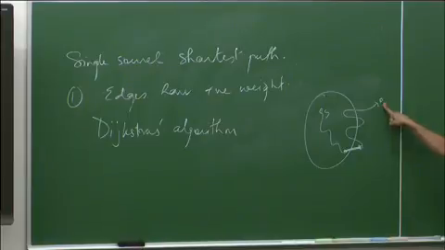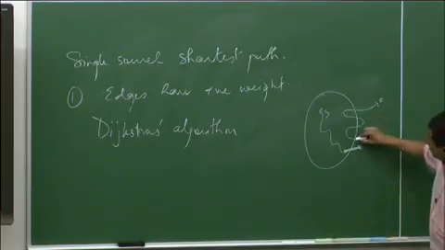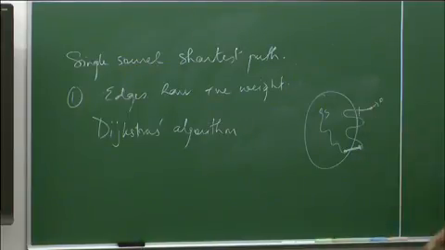Now, look what happens if you suddenly take an edge and make it a negative weighted edge. If you have a negative weighted edge on the shortest path, there is no guarantee that the shortest path length to this node is going to be greater than or equal to the shortest path length to that one.